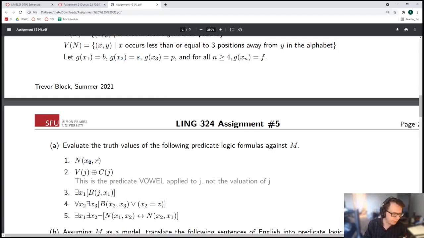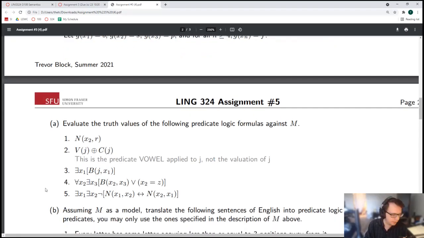So it's sort of just like how our free and bound pronouns work today. If there's a quantifier binding it, we just take a look at the interpretation of the quantifier. If it's free, then we have to take a look at our assignment function and ask what it says. So in these cases, x2, x3 are all bound by quantifiers. x2 has the interpretation of every x2, x3 is some x3, and in these ones, it's just some letter x2, x1.